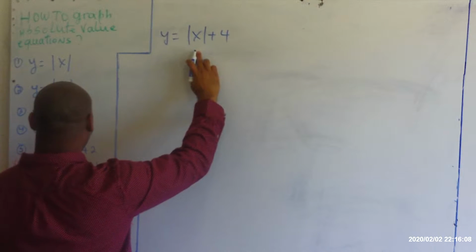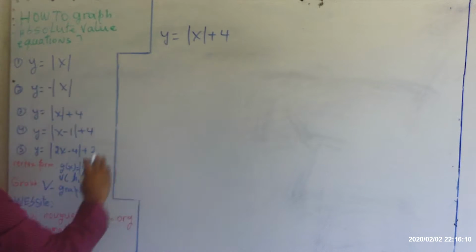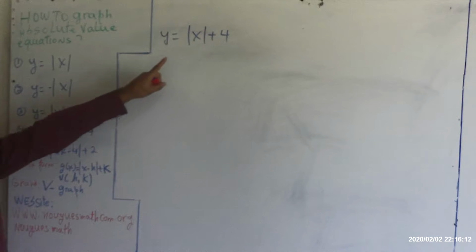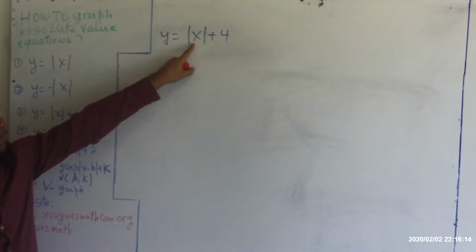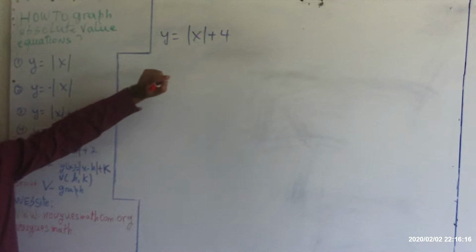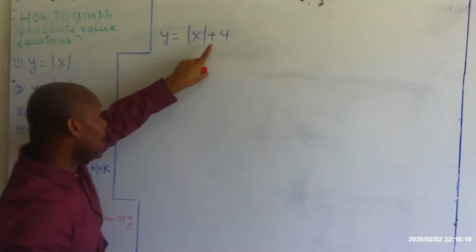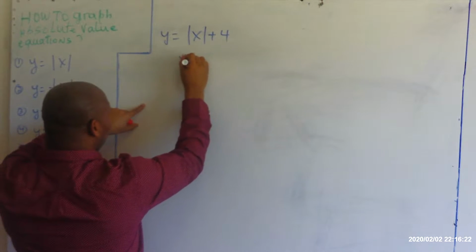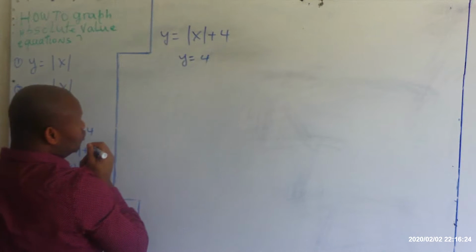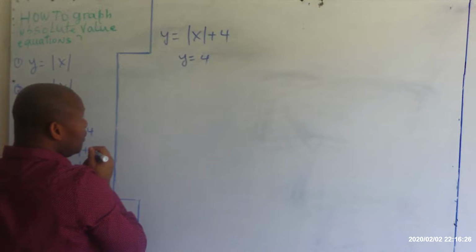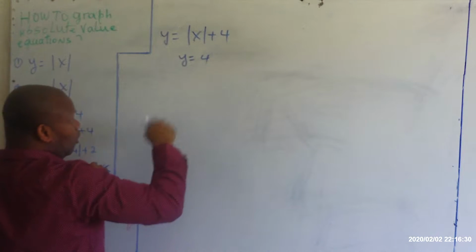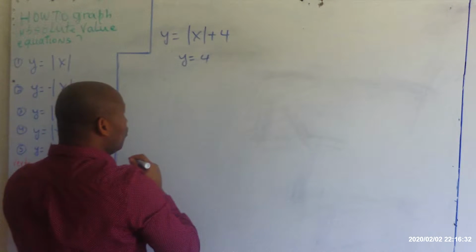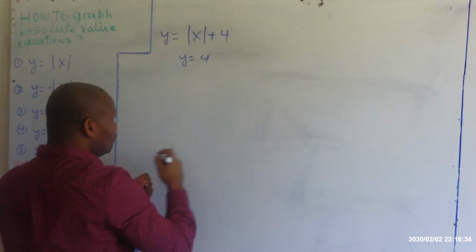The absolute value of x is x. Because we have plus 4, y equals 4. So our graph will be going up on the y-axis. Let's do that.